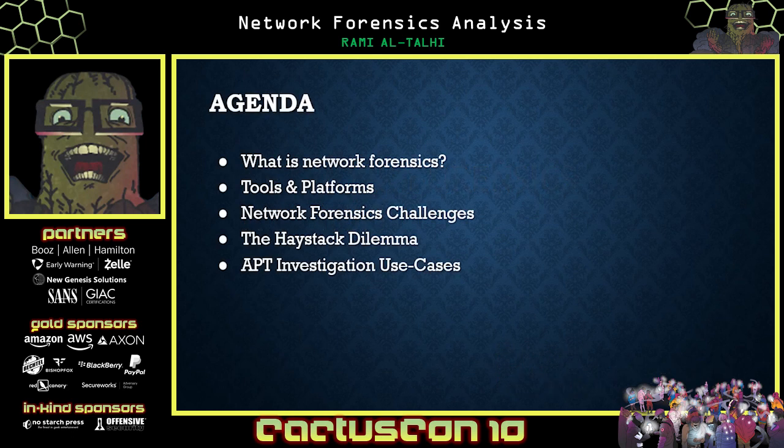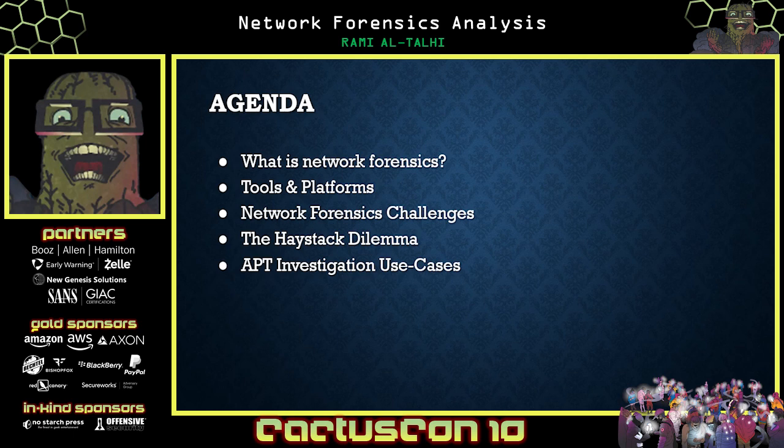For today's agenda, we'll be talking about a couple of topics. We'll be starting with defining network forensics, what it is and what it does. The second topic is the tools and platforms that are available and can be used widely. The third topic, we will be talking about the dilemma with some encrypted protocols such as TLS, SSH, RDP, etc., and how we can overcome those challenges.